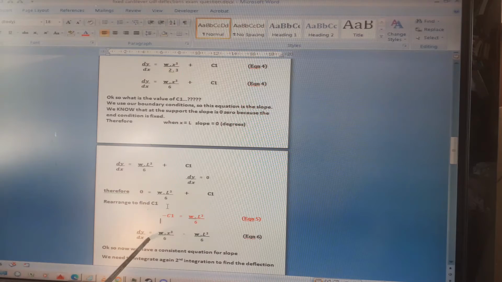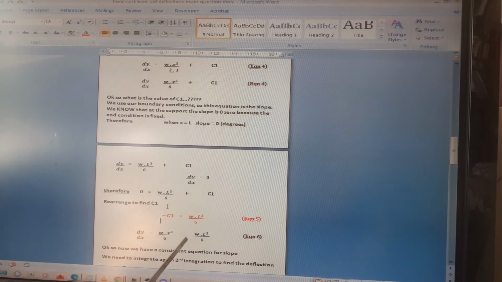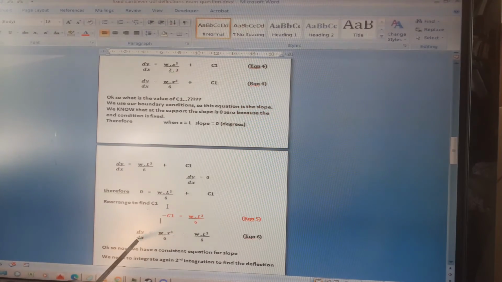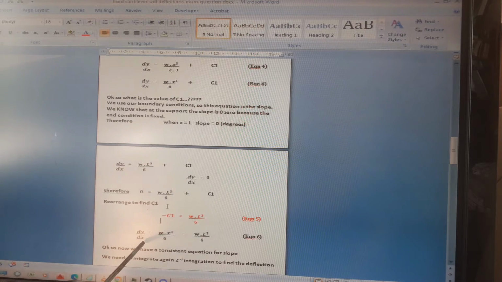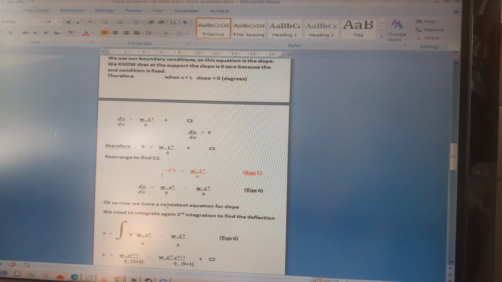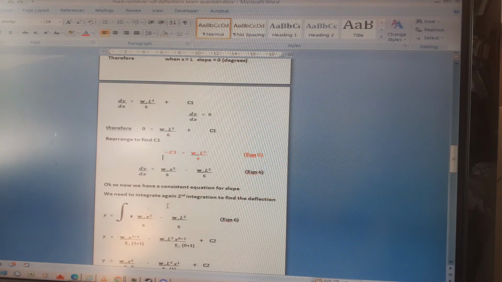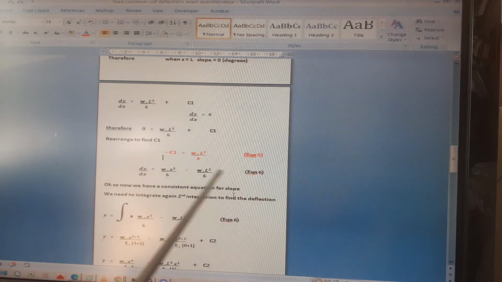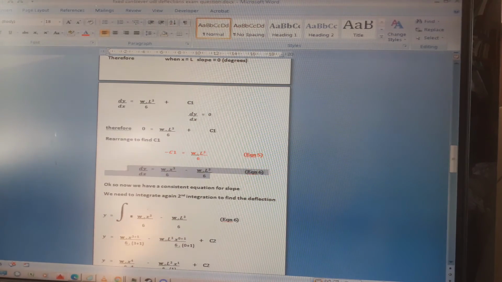So dy over dx, the slope, is wx cubed over 6 minus wL cubed over 6. So now we have a consistent equation for slope. That is now equation 6. That is another critical equation because we have a consistent equation for the slope angle.